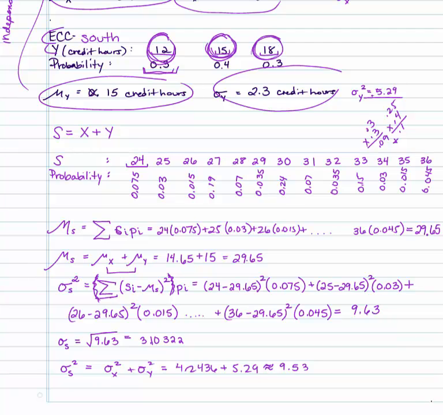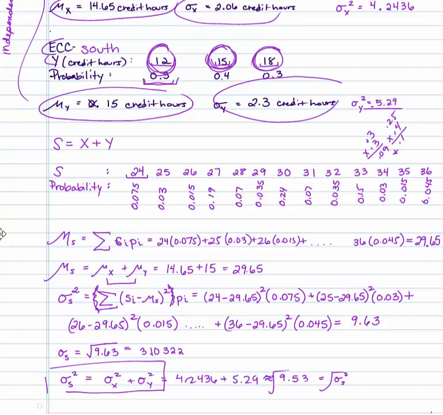So the variances you can't just add up like you can add the means up. I'm sorry, the standard deviations you can't, but the variances you can. And then if this is the variance, you could square root it to get the actual standard deviation, which is about 3.10, something like that.